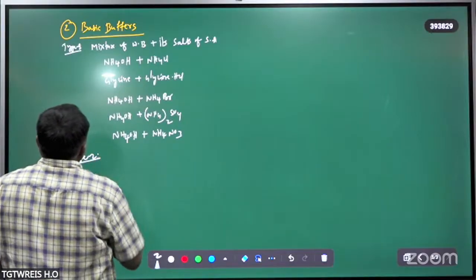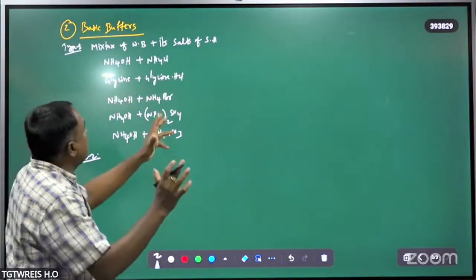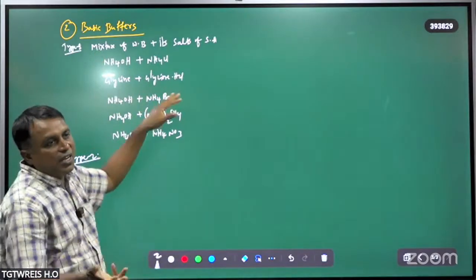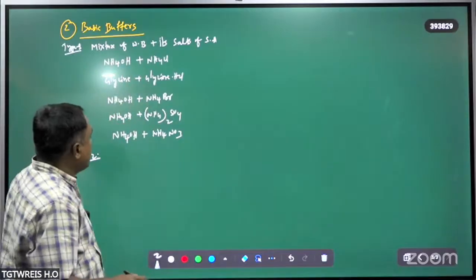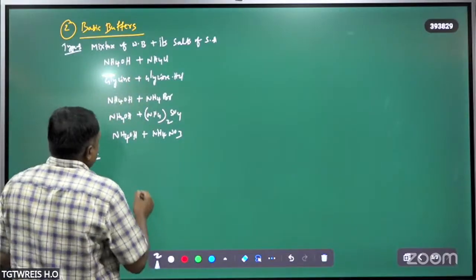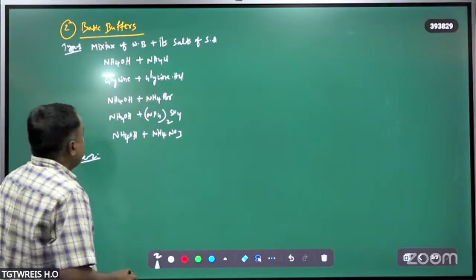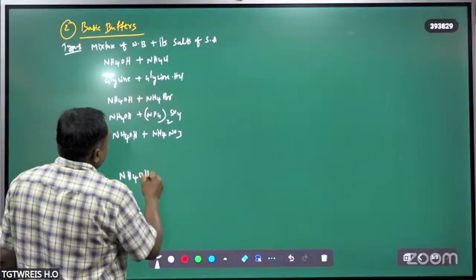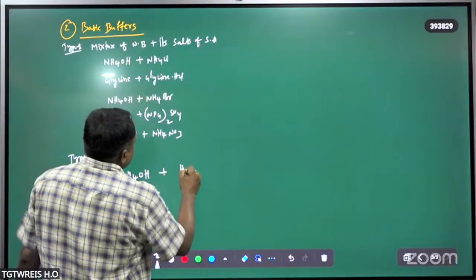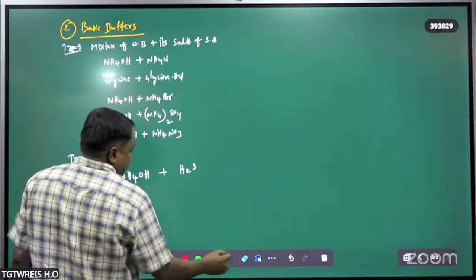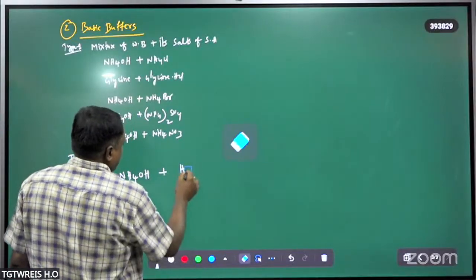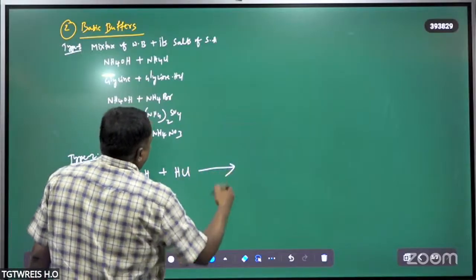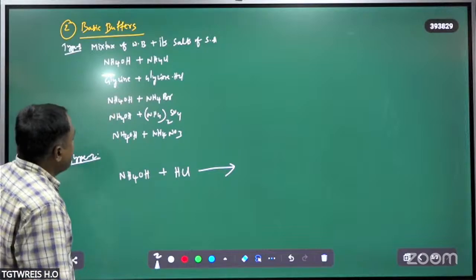So what is type 2? These are the direct buffers. By adding two things, one is a weak base and its salt of strong acid, you will get the buffer. So in the previous one, suppose you take ammonium hydroxide and a strong acid, H2SO4 or HCl.